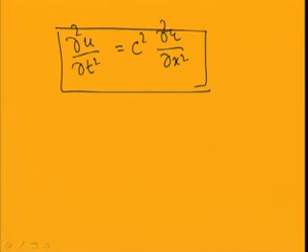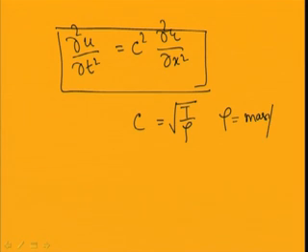So, in these cases, in case of a taut string, c equal to root over T by rho, where rho is the mass per unit length.